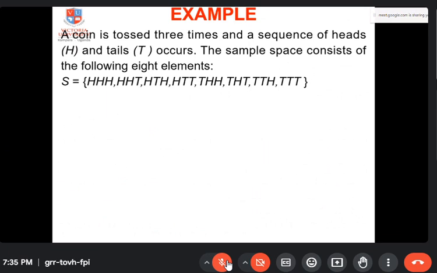There are 8. First toss is a head, second toss is a head, third toss is a head. So that is one possibility. Then we said you can get a head, a head and a tail. That is where we get all the 8 different possibilities. Is it okay? Okay.